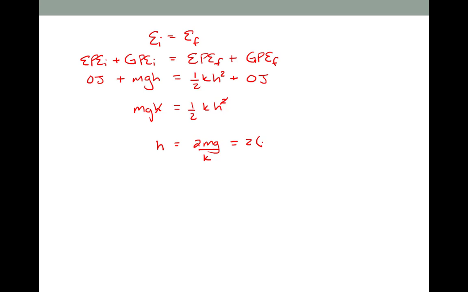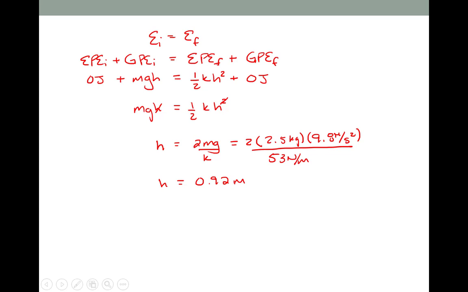So that's 2 times the mass, which was 2.5 kilograms, times g, which is 9.8 meters per second squared, divided by the spring constant, which is 53 newtons per meter. And if you put all of that in, you get h equals 0.92 meters. Or in other words, 92 centimeters.